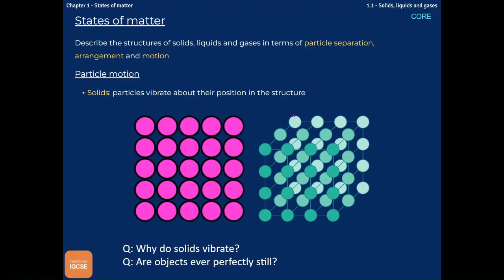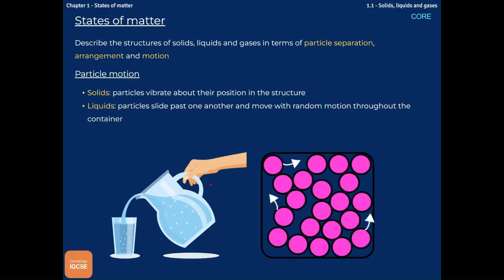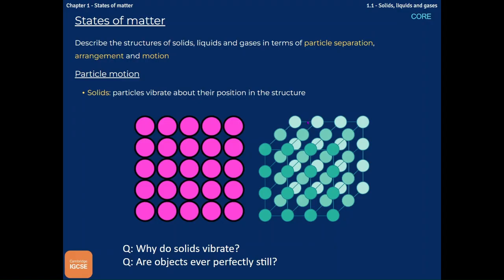So let's imagine a salt crystal, right? It's squarish, it looks something like this. The particles are attracted to other particles around it, due to the electromagnetic force. And all of these particles are vibrating back and forth and in different orientations.